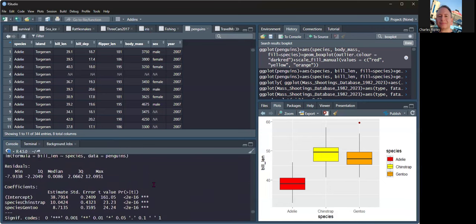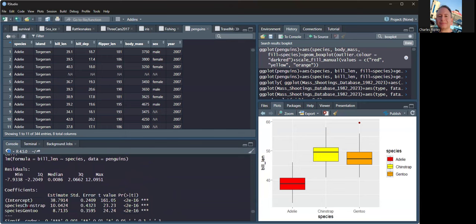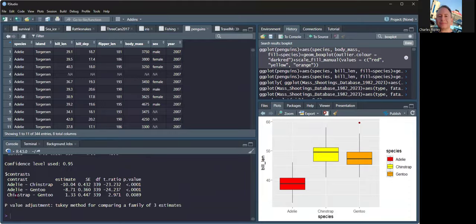Remember, the regular results with the LM function, they're valuable, right? But they're only comparing Chinstrap to Adelie, Gentoo to Adelie. But what about Chinstrap to Gentoo? So we do a means, we've got Chinstrap to Gentoo. So pretty good. So this is pairing these independent nominal variables together.